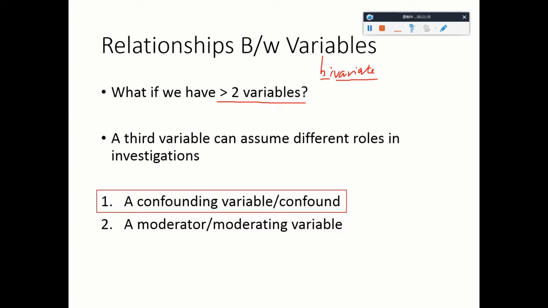Okay? So depending on what the third variable is, a confound or a moderator, the nature of the relationships will be vastly different. Okay? So let's go through them one by one. So first of all, let's talk about a confound.